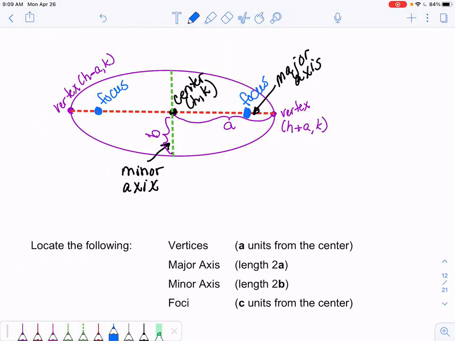The distance is c units from the center. The easiest way to remember that is foci has a c in it. So c is the distance from the center to the foci.